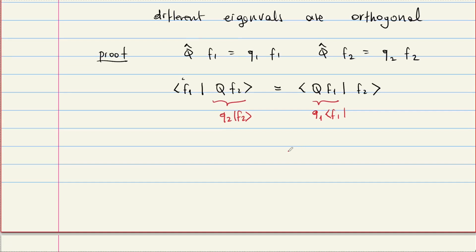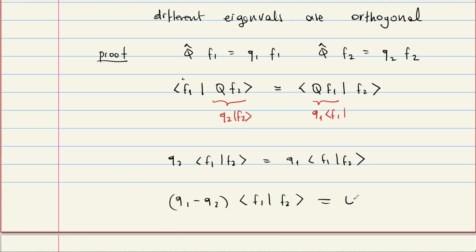And from here, what I see is Q2 F1 F2 is equal to Q1 F1 F2. Now let's collect: Q1 minus Q2 times F1 F2 is equal to 0, right?